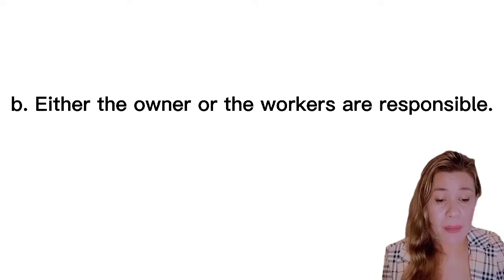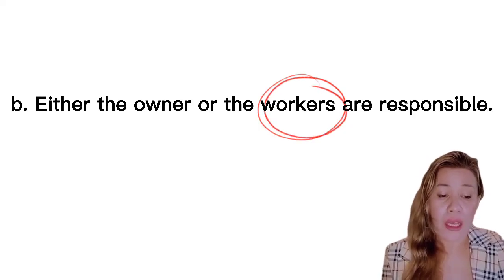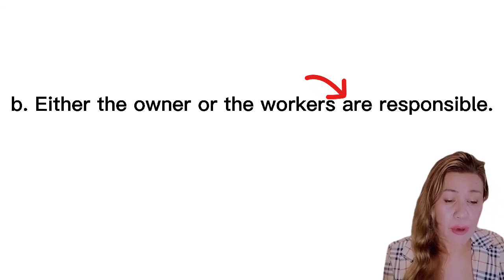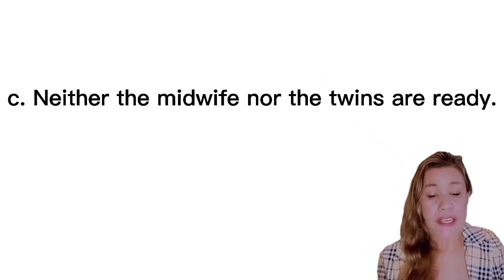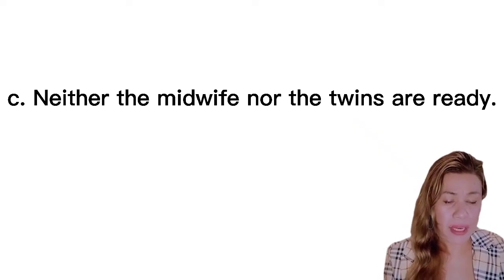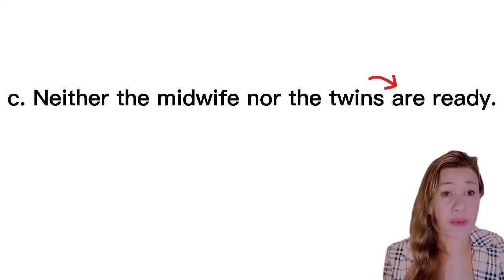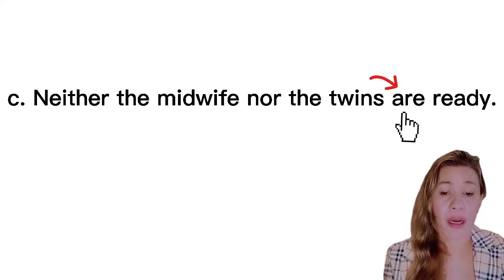In this example now, the workers being plural is closer to your verb are. Therefore, plural workers, you will need a plural verb. Okay? Last example. Neither the midwife nor the twins are ready. The twins is closer to our verb, and therefore this is plural, and so we need a plural verb are.